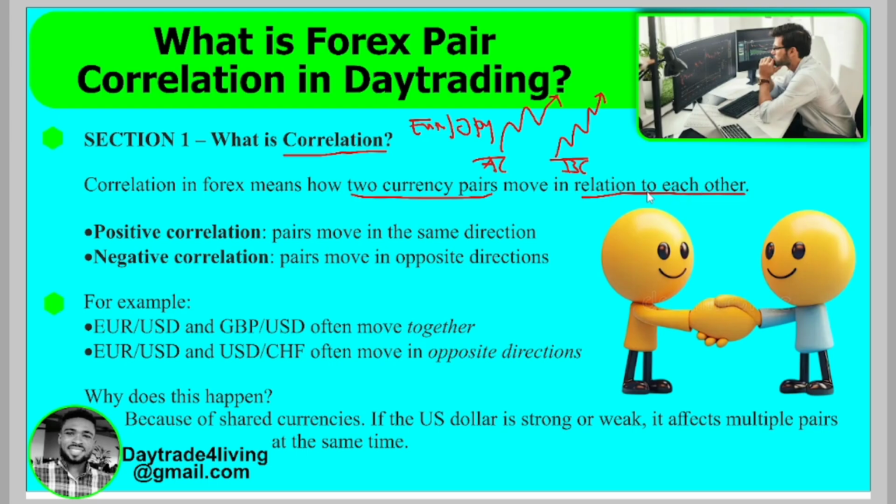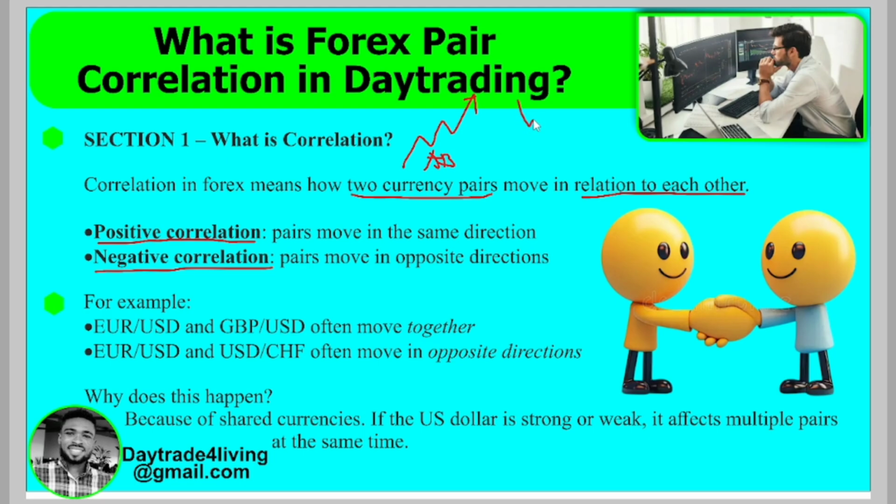And there are two types of correlation. We have positive correlation, then we have negative correlation. What does it mean? Let's assume that pair AB, with the same scenario, is moving in the upwards direction. Then we have another pair, pair BC, at the same time.